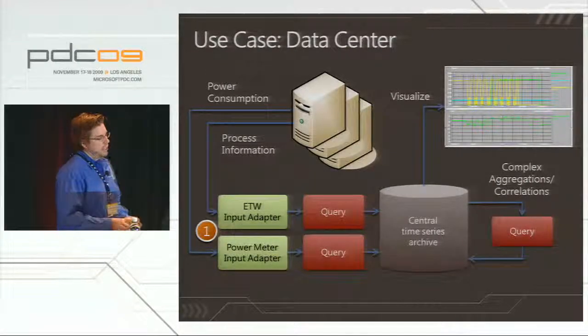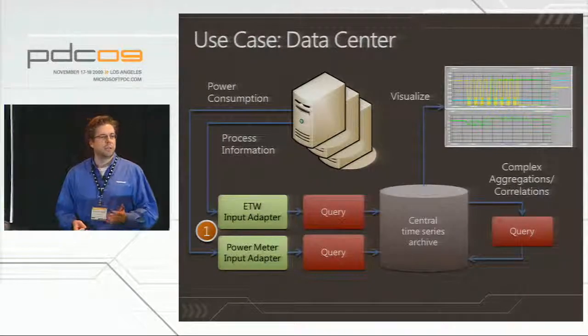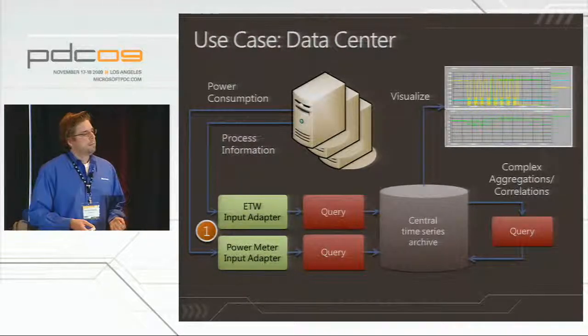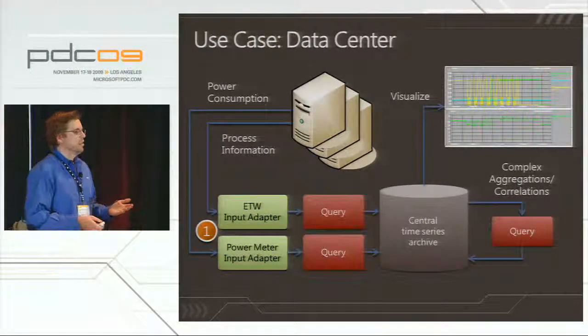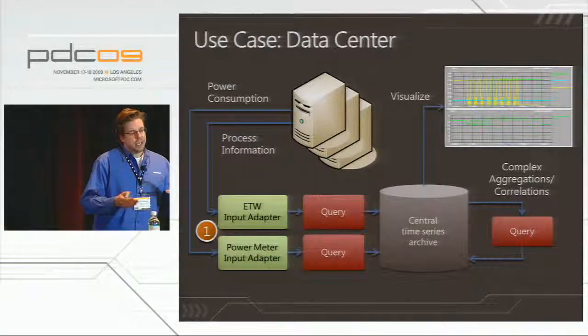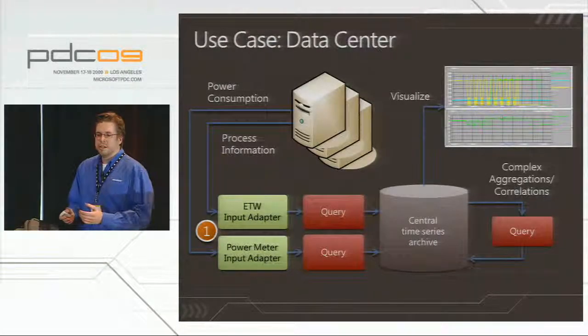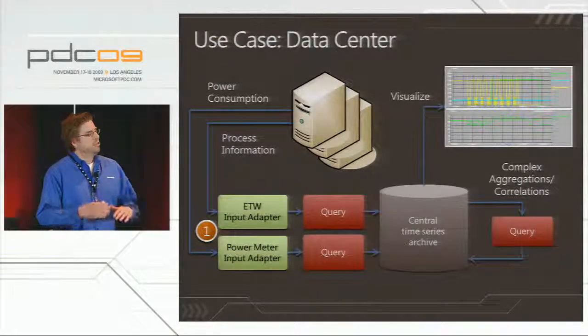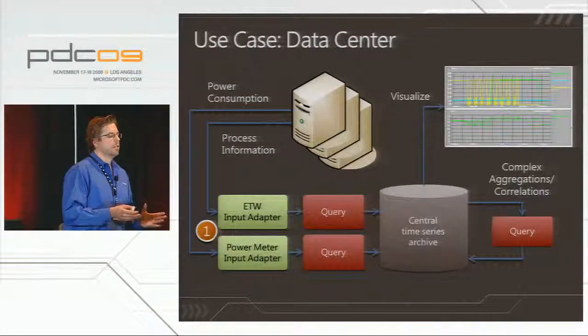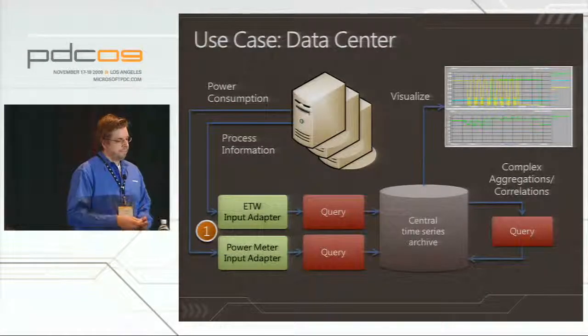The process data is coming from the Event Tracing for Windows framework, the ETW framework, picking up data like context switches, thread IDs, process names, and so on. All that data is processed by a StreamInsight query so that we get a reduced data rate with just the important information containing CPU cycles per process ID.